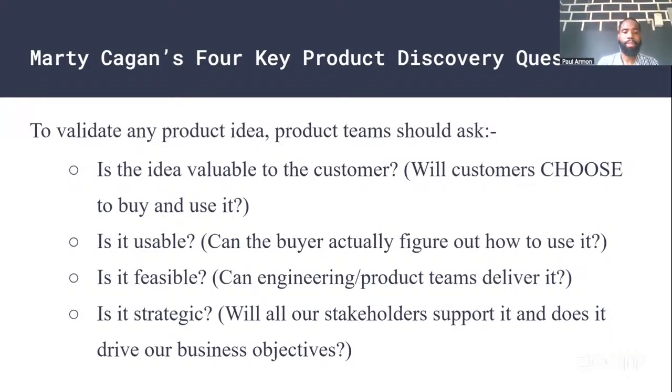The third question: is it feasible? You might have an idea in your head, but if your engineering team and your product team cannot come to an understanding on how to bring this idea to fruition, you probably are going to build something that nobody's ever going to use.